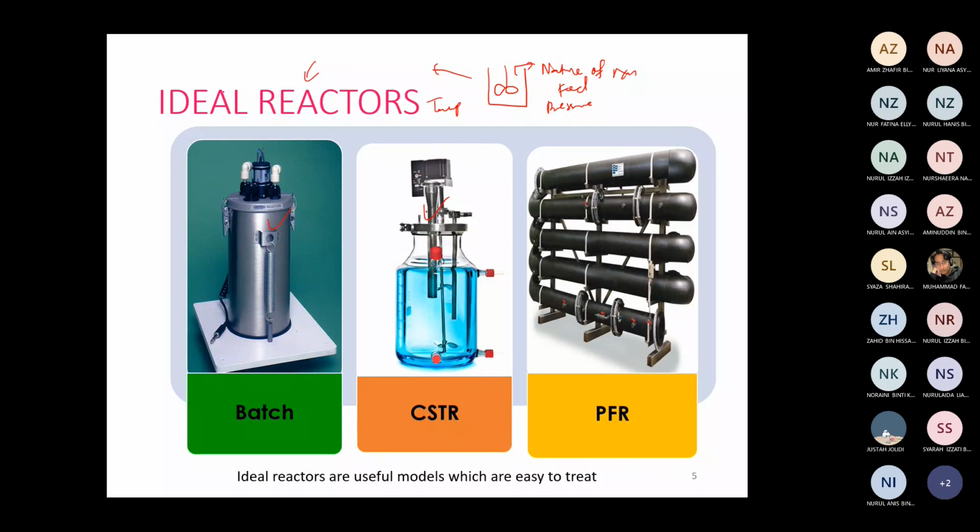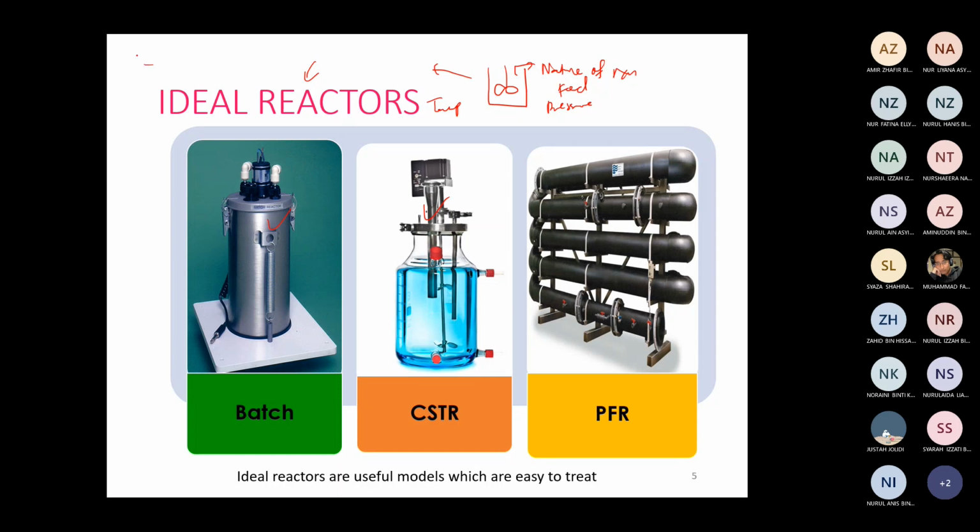So what we can do is assume it as an ideal reactor. For this CRE course, CHE502, you will assume all the processes are in ideal operations. For example, we will treat it as an ideal reactor.